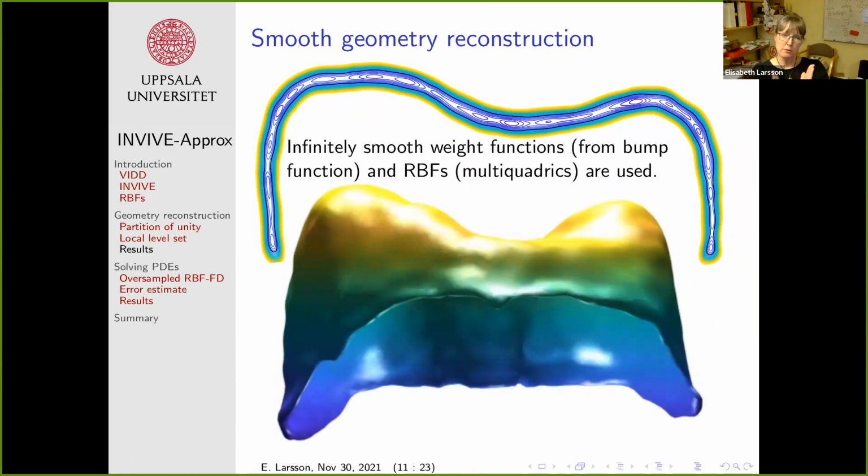So these are the 2D and 3D reconstructions that we can make. They are infinitely differentiable because we are using weight functions that are infinitely differentiable, and the multi-quadrics are infinitely differentiable. So potentially, at least, we can have high order approximations in this geometry.